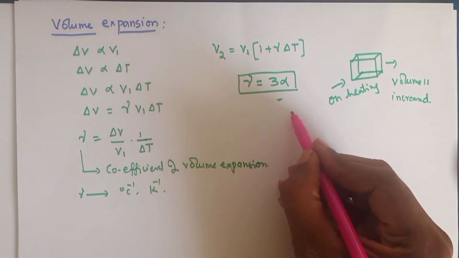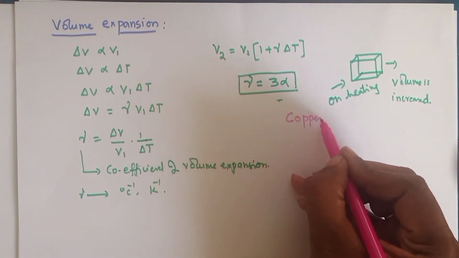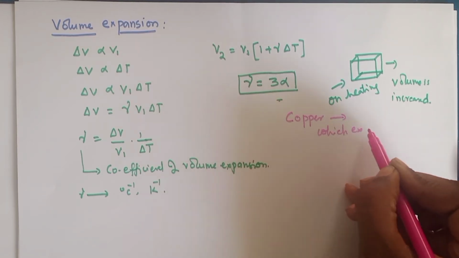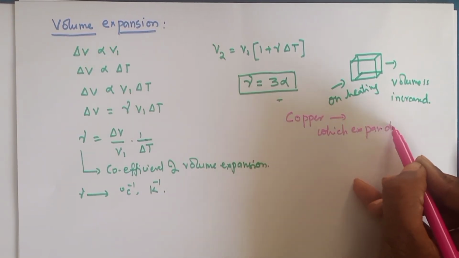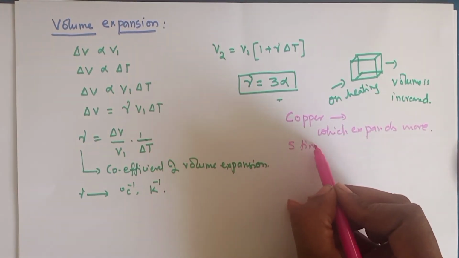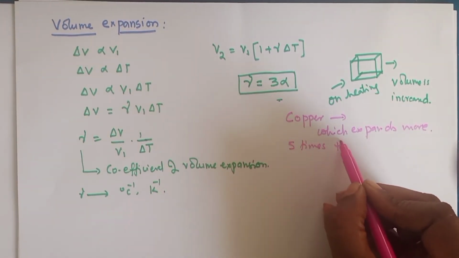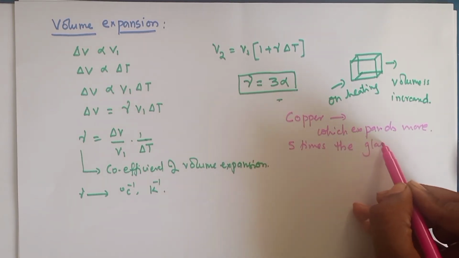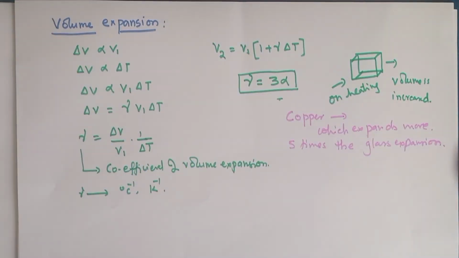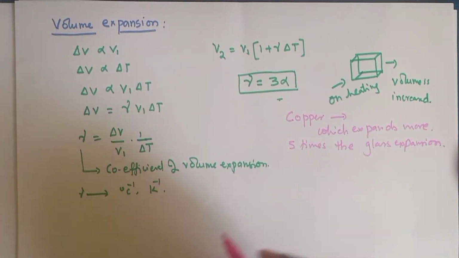If we consider a copper material, which expands as a solid, it expands about 5 times the glass expansion.